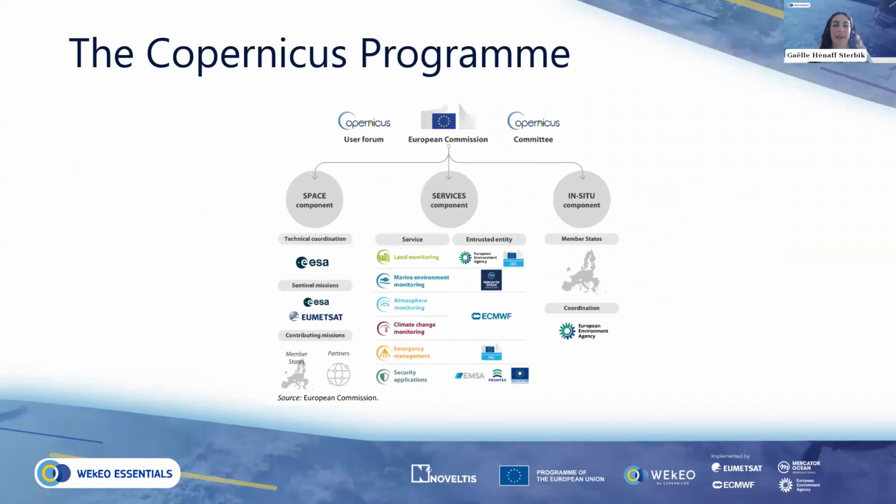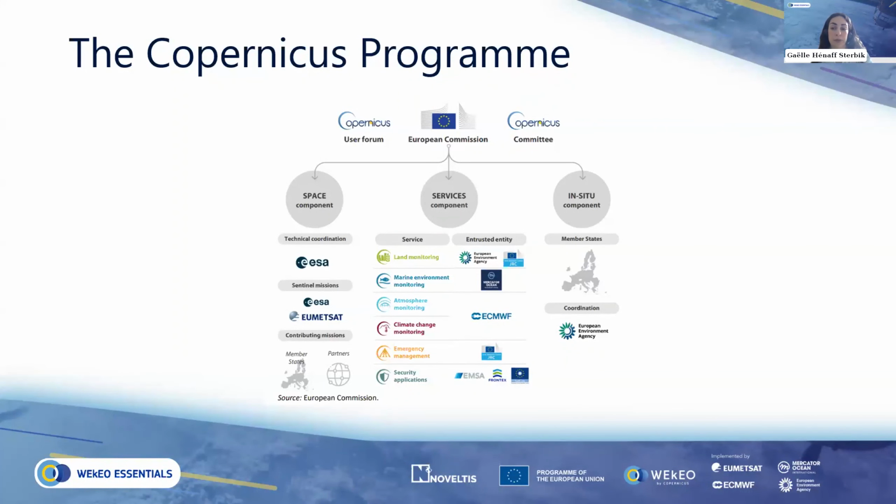Thank you, Daria. So I'm going to do a short introduction to the Copernicus program and the Copernicus WEkEO service. Copernicus is the Earth observation component of the European Union space program, and it's dedicated to monitoring our planet and its environment. It provides free and openly accessible information services based on satellite observations and in-situ data.